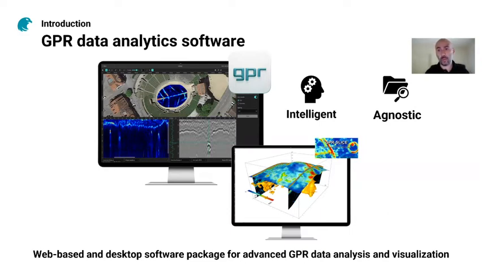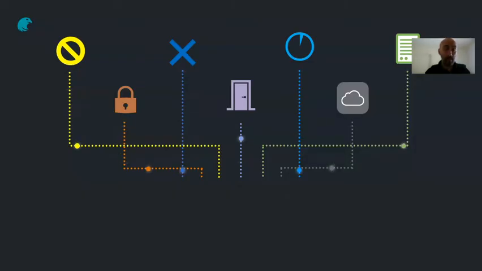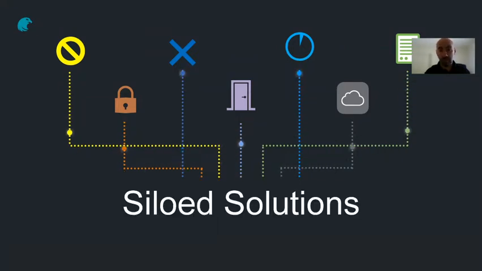We are trying to be more intuitive with GPR Insights and keeping the whole offering agnostic, so you can use it with any dataset from any GPR manufacturer, versus silo solutions that might only give you the possibility to upload a type of proprietary data.